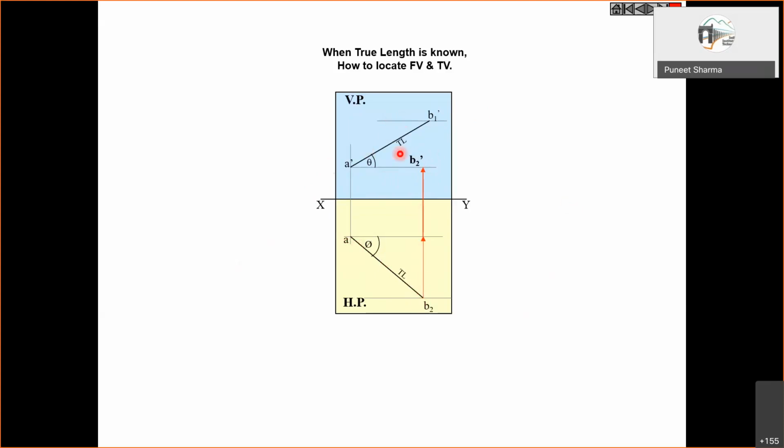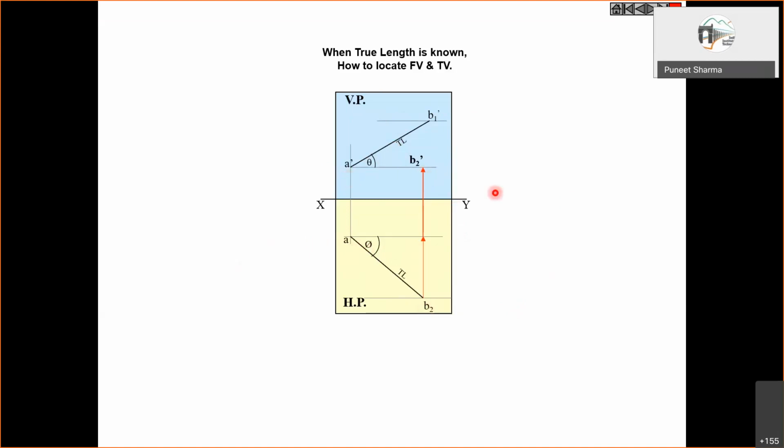Inclination with the horizontal plane, if it is theta, then the point has to be at this much along this line, that is, this much distance from the XY is to be maintained. That is the condition for inclination with the horizontal plane. Second condition, if the angle is phi with the vertical plane, then the length of the front view is this much.